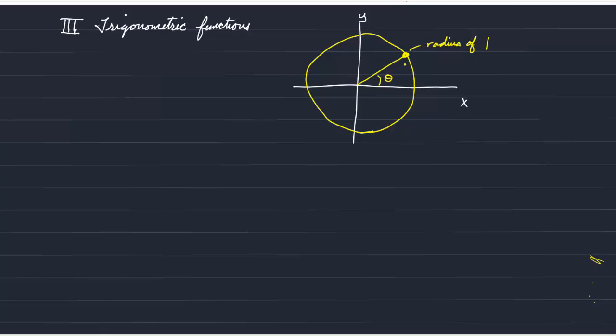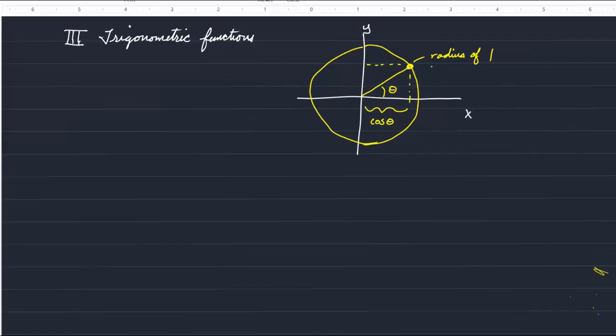And if you recall your trigonometry, the x value of that point is equal to cosine of theta, and the y value of that point is equal to the sine of theta. So this point is point x, y on our unit circle. And that's one of the basic ways you were probably introduced to trigonometry.